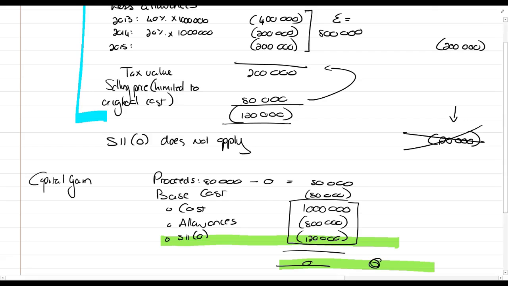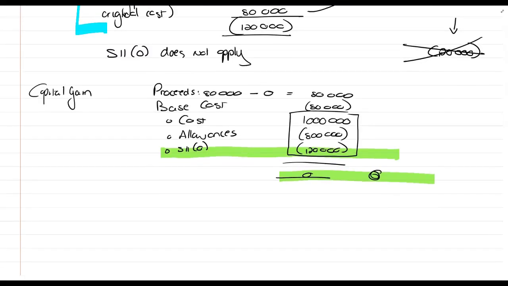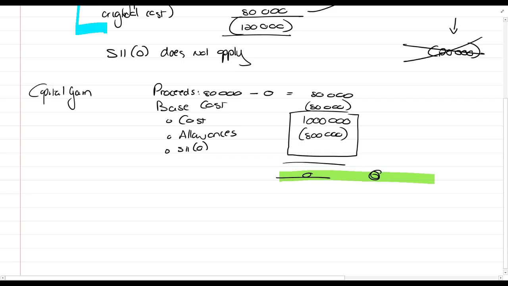Then when we calculate our base cost, we said the Section 11O amount must be deducted. But if we don't have Section 11O, then that becomes a nil. So then our base cost is 200,000 rands and we have a capital loss of 120.